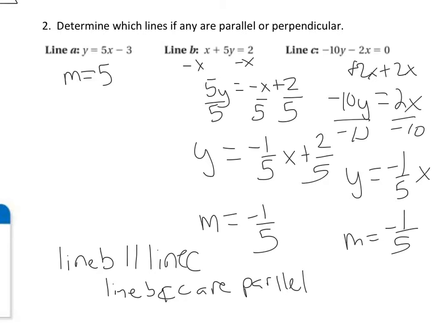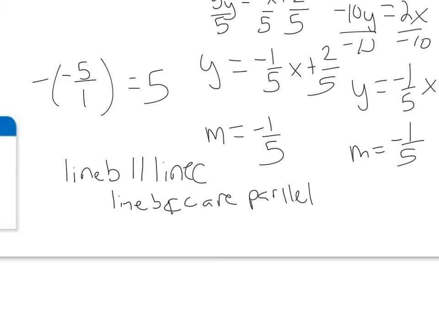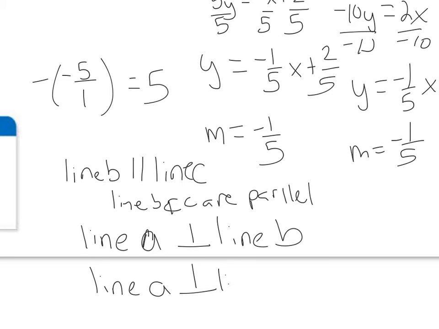And then what's the negative reciprocal of -1/5? 5, because if I flip it, I get -5/1. Multiplied by negative, you get 5. Do we have anything with the slope of 5? Yes. So then we also know line A is perpendicular to line B, and line A is perpendicular to line C.